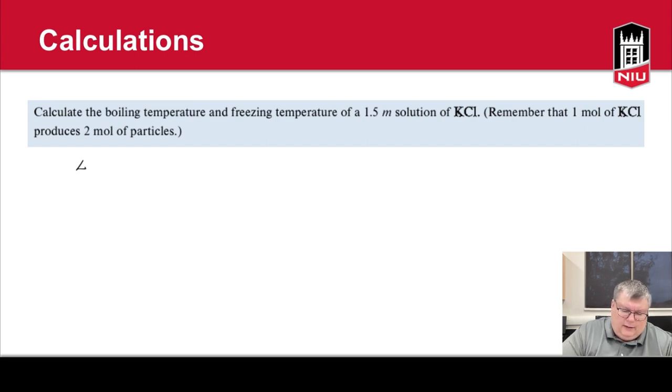So that means delta TB is equal to KB times M times 2 for the number of particles.